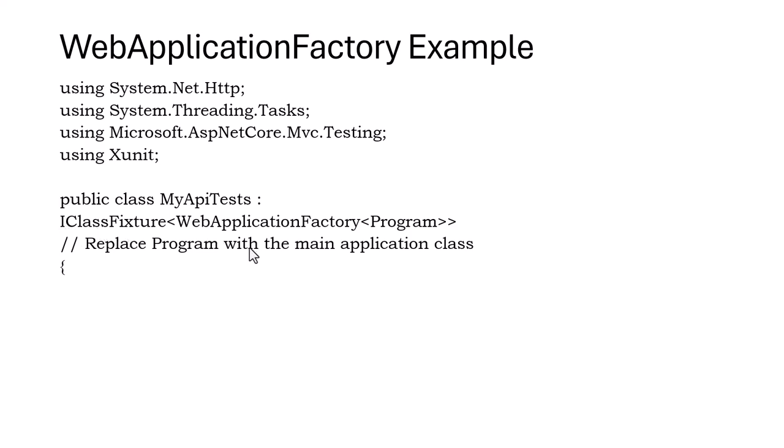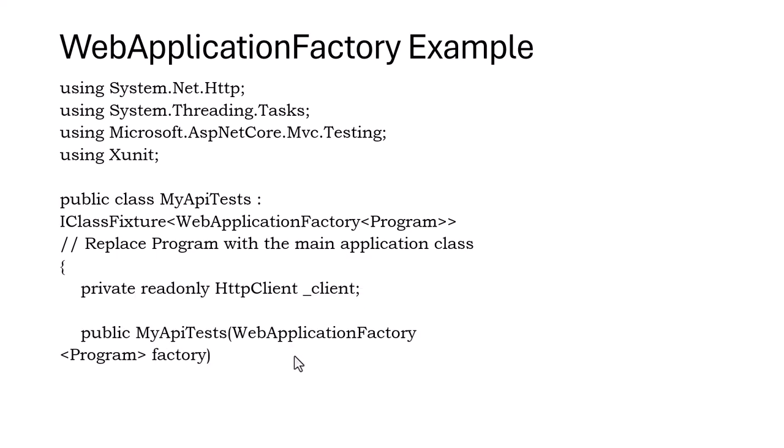This is the interface with Web Application Factory program, and this is the code: private read-only variable HttpClient _client and public myAPI_test constructor with dependency injection. So that client will be initialized with factory.CreateClient, by calling the CreateClient method of the factory object.